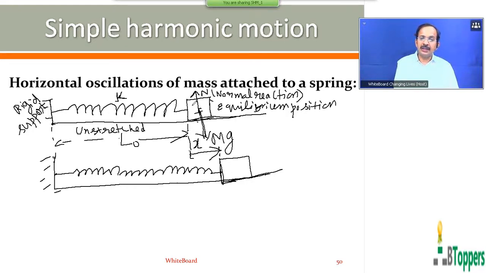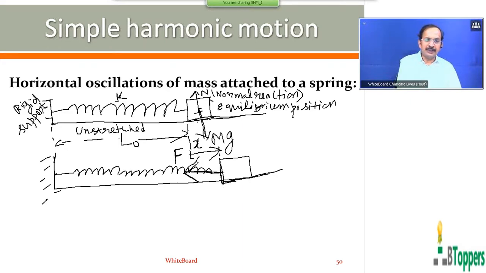In the vertical direction, as explained before, the weight mg of the block is balanced by the normal reaction force. So the only unbalanced force acting on the block in the horizontal direction is the elastic force by the spring.